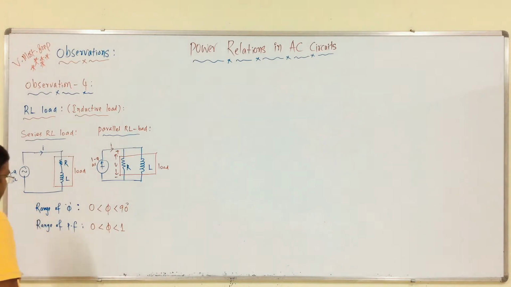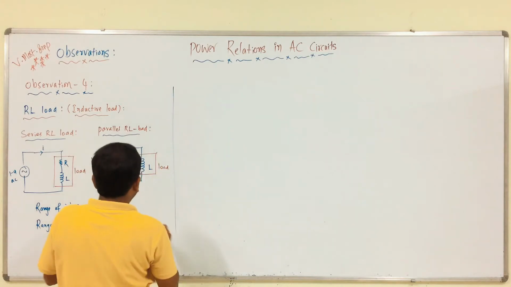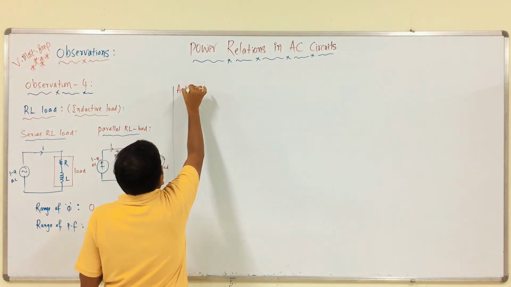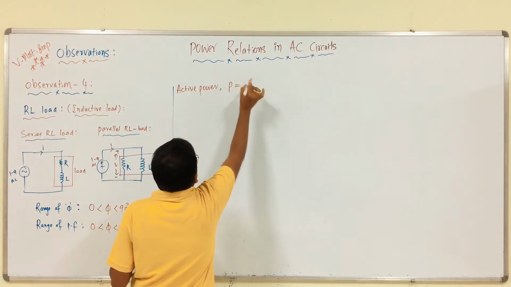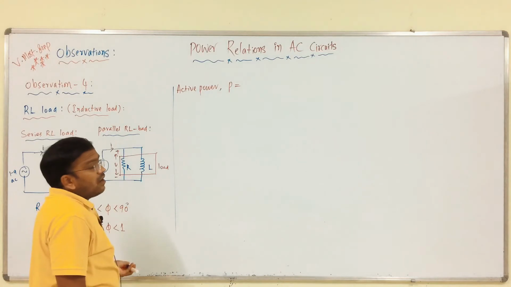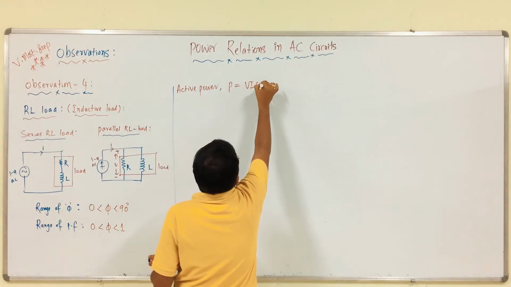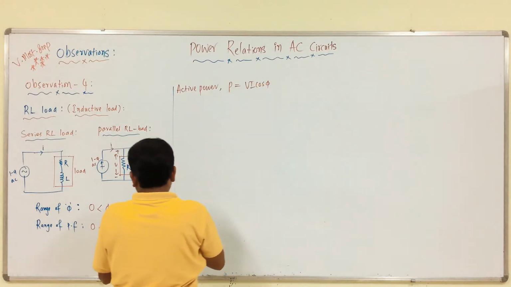Next, what about active and reactive power? Active power P is V I cos phi, a finite value.